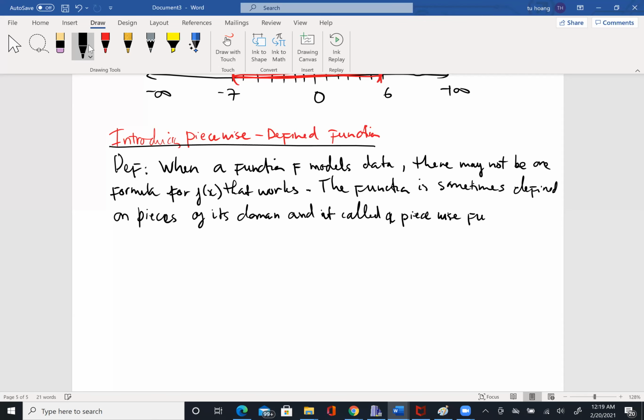Piecewise function. Okay, piecewise defined function. I forgot the word defined. But when you just say piecewise function, it is enough for mathematicians to understand.